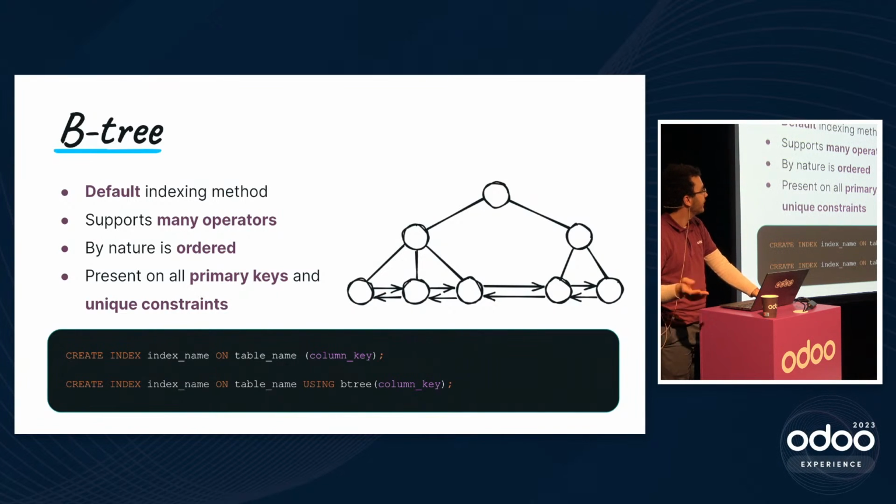An interesting point is that if we need a query that scans a date, say, give me all the values between the 1st of September to the end of the year, we just need to find the smallest date, and then go through the linked list on the leaf nodes without having to go back in the tree and start searching again. This is a really interesting implementation detail of PostgreSQL. This is the index that's used for the primary keys and the unique constraints.